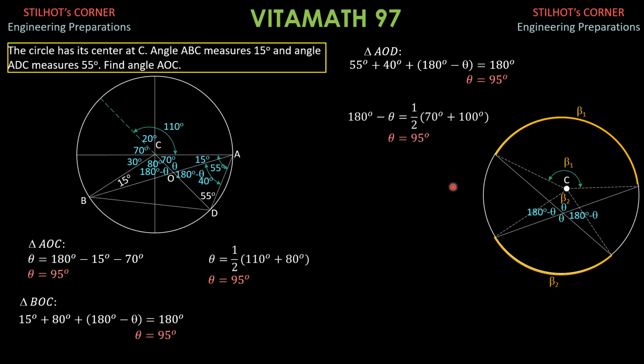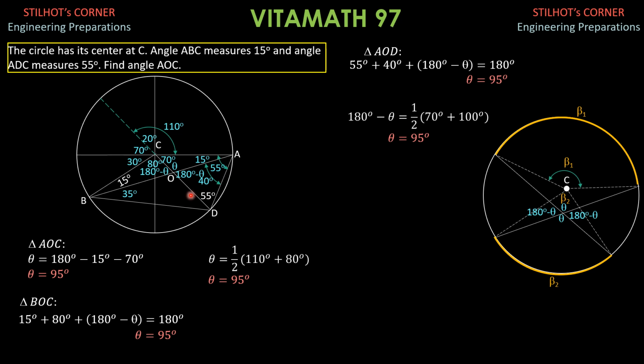And the final way of computing the angle is we consider triangle BOD, because this is also theta. This is 35 degrees. The reason why this is 35 degrees is that we already found 40 degrees and this is 55 degrees.